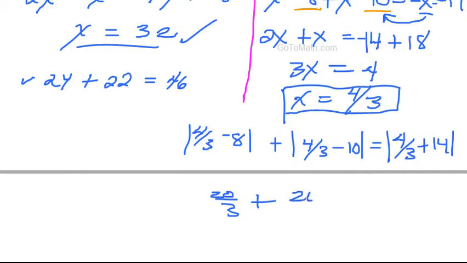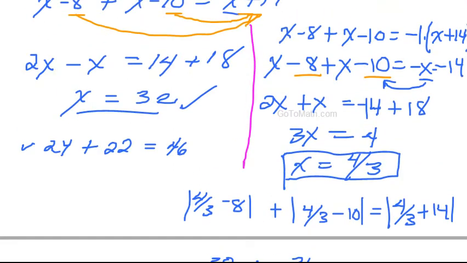Okay, we get 26 over 3. And of course that's going to be 46 over 3. And then let's see, 3 times 14 is 42, 42, 46 over 3. So we get 46 over 3 over here on that side also. So it looks like it's checking out.